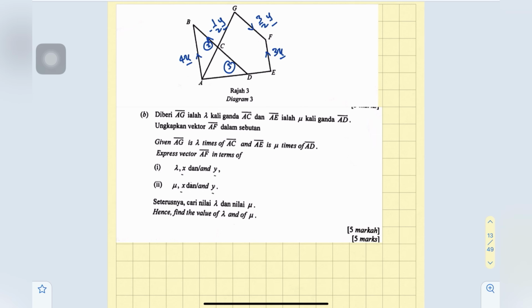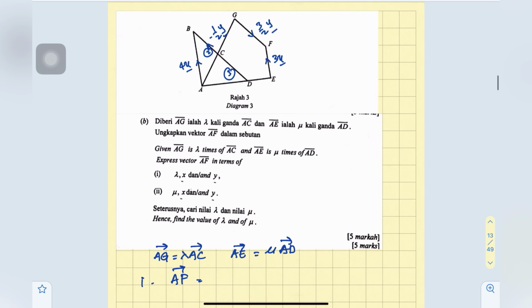Okay, question B. Given AG equals to lambda times of AC. So AG equals to lambda AC. Okay, and AE equals to mu AD. Okay, so then the first one, dia nak express AF in terms of lambda, x and y. So AF.